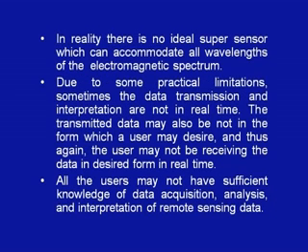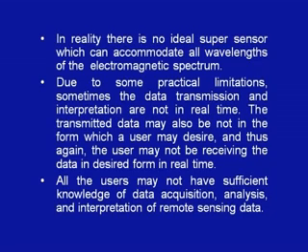In reality, there is no ideal super sensor which can accommodate all wavelengths of the electromagnetic spectrum. Due to some practical limitations, sometimes data transmission and interpretation are not in real time. The transmitted data may also not be in the form which a user may desire, and thus again the user may not be receiving the data in desired form in real time.